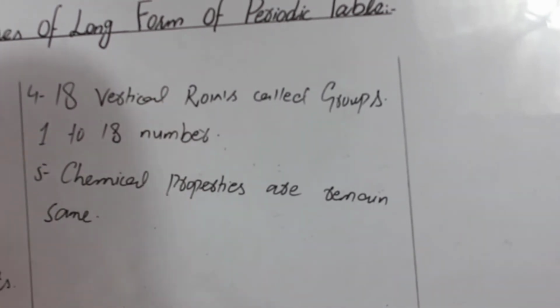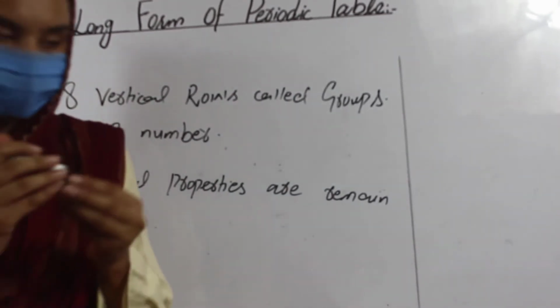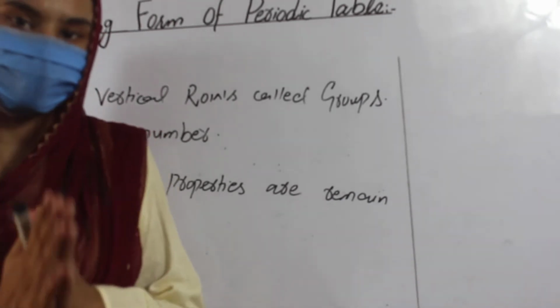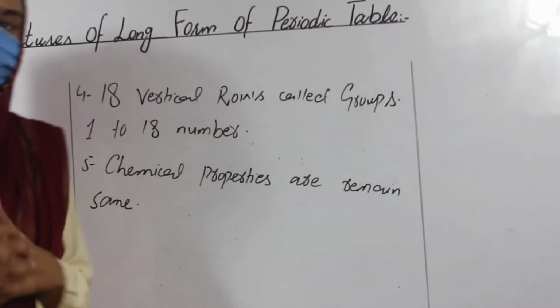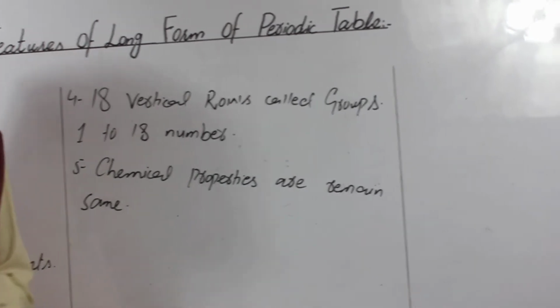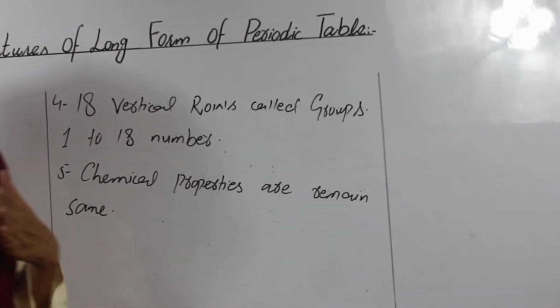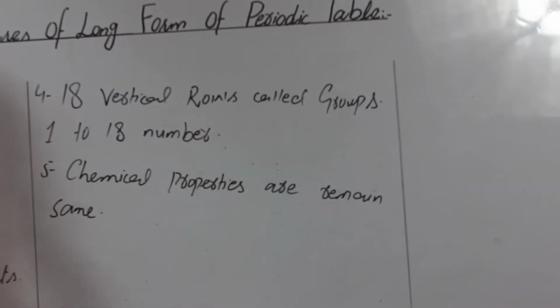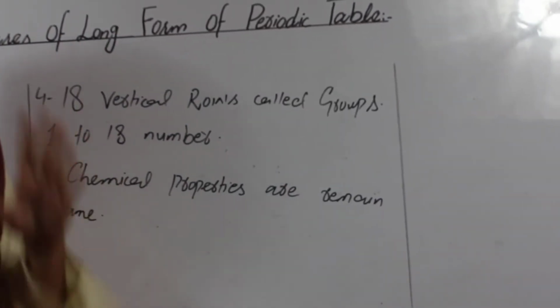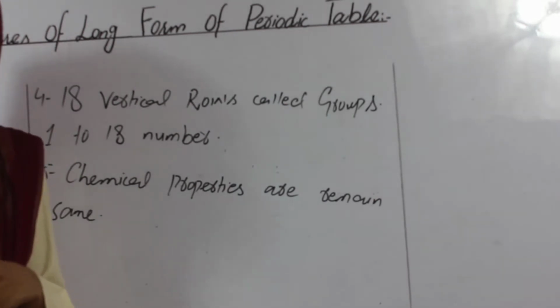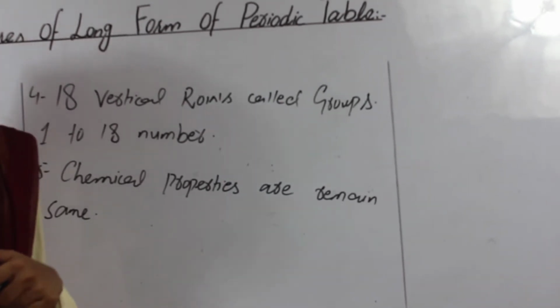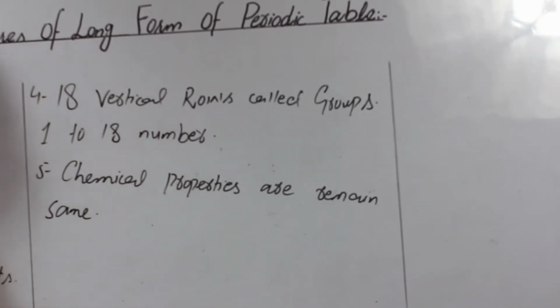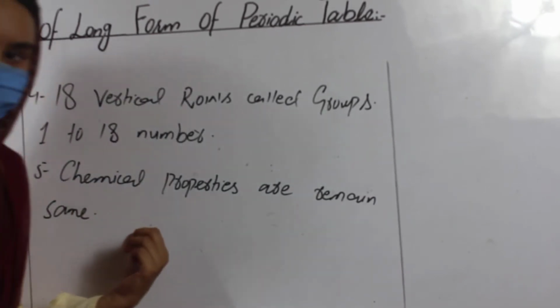The reason is that in a group all elements have the same electronic configuration, that's why their properties are the same. Why do they have the same electronic configuration? Because all the elements present in one group have the same last shell, the valence shell or valence electrons. That's why they have the same properties.